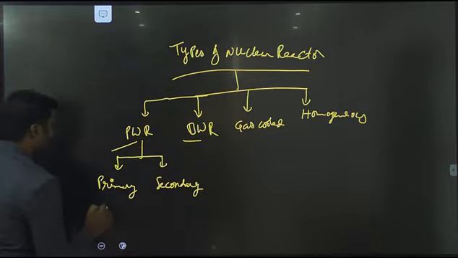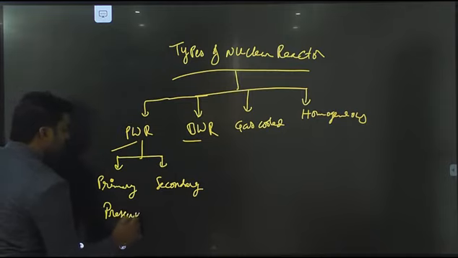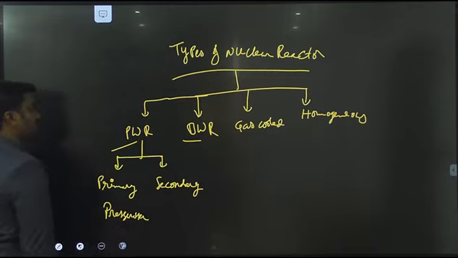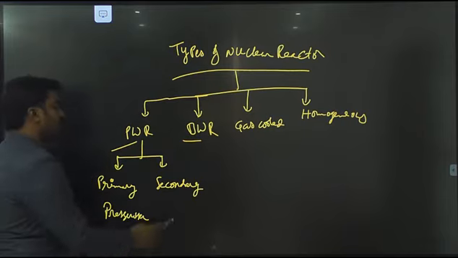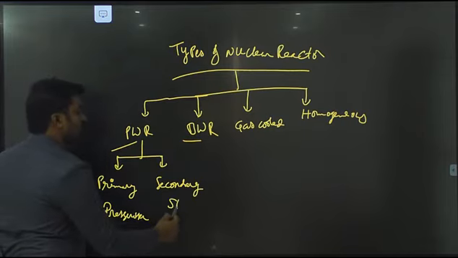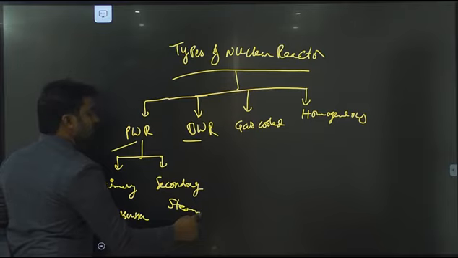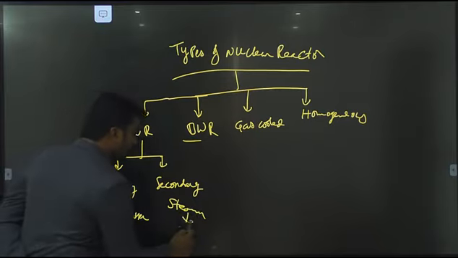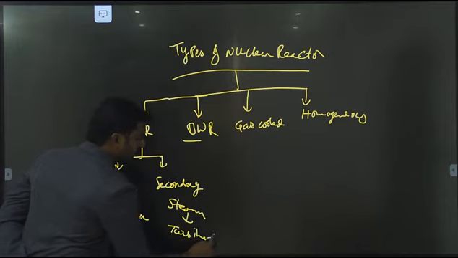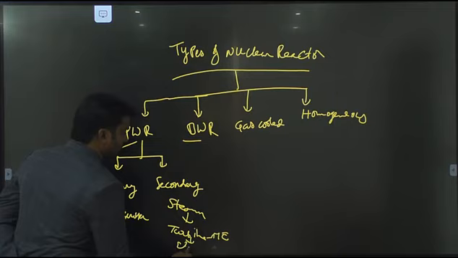Here we use one pressurizer or pump, which we require very much. In the secondary circuit, it converts to steam, and the steam flows onto a turbine. The turbine generates mechanical energy, which is converted into electrical energy.